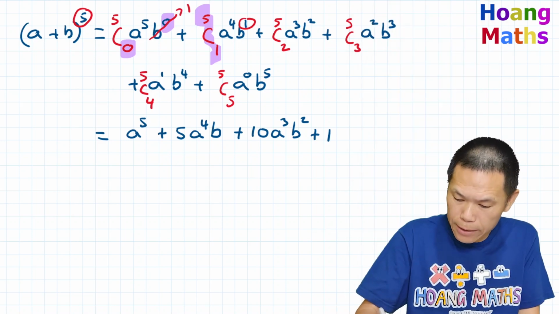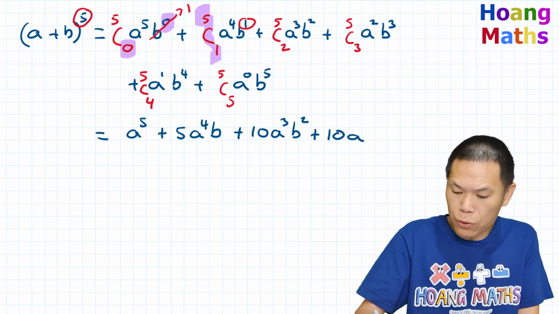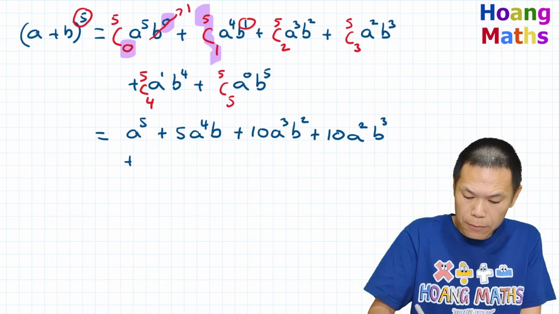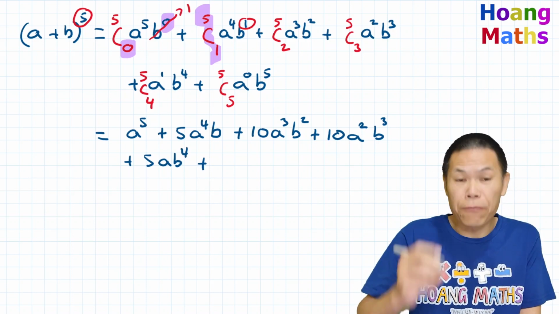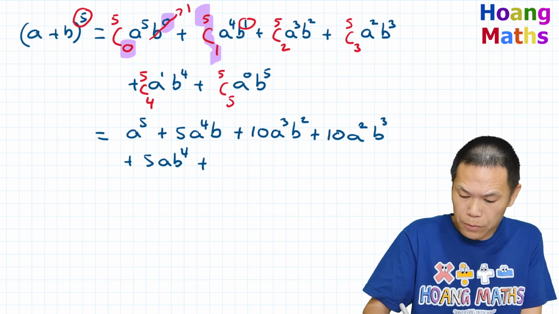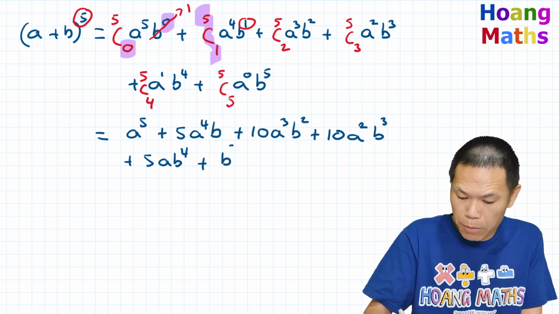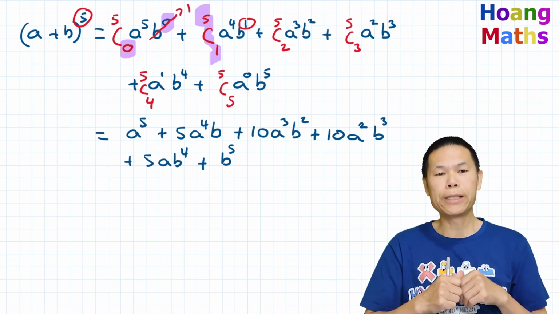So we add 10, a power 2, b power 3, and we add 5C4, which is 5, a, b power 4, because a power 1 is a, and we add 5C5, which gives me 1. So a power 0 is 1, so the last term is b power 5. So there you go. This is how you do it.